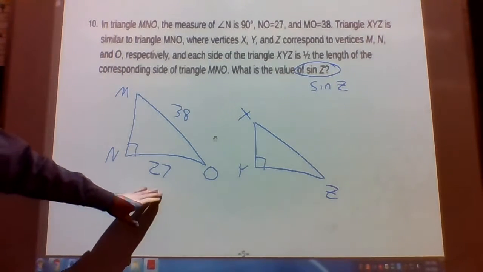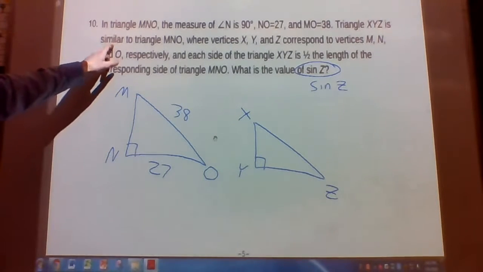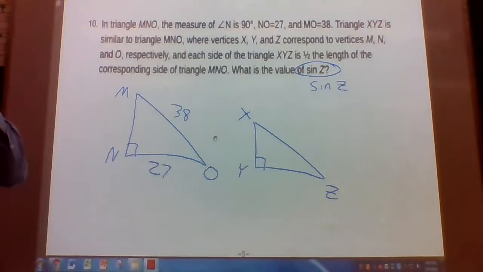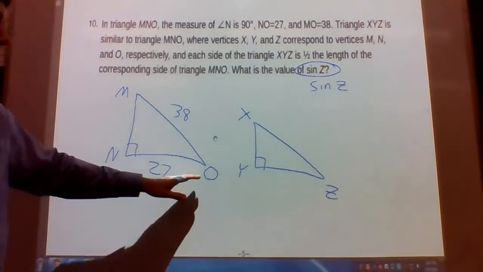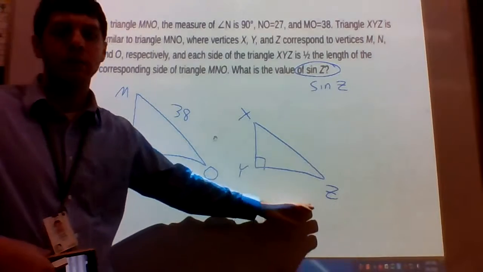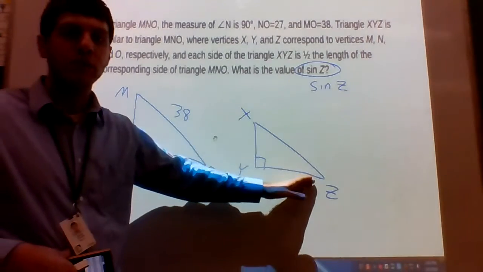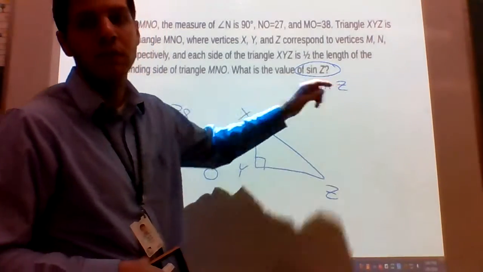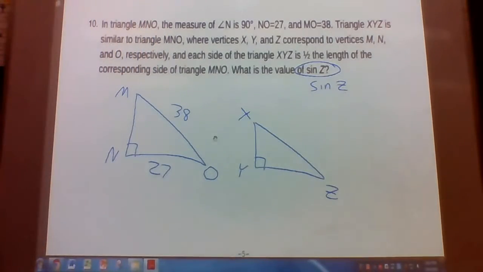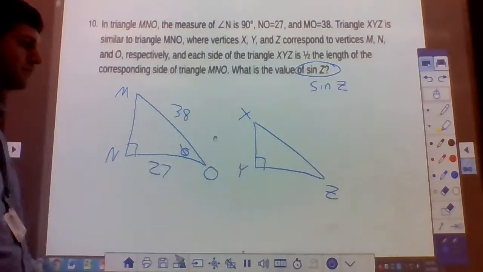We know these are similar triangles, so the sides are proportional and corresponding angles are congruent. So angle O corresponds with angle Z, so angle O is congruent to angle Z. If we can find the measure of angle O, we can find the measure of angle Z, which we can then put into the sine function. So let's try and find angle O.